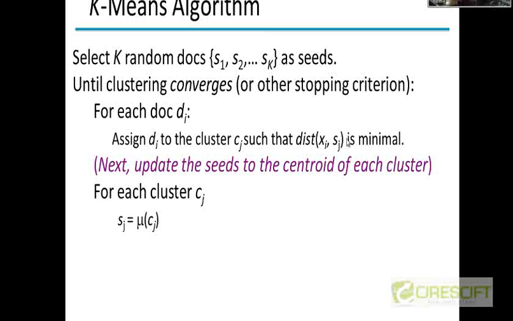Once we do this for all documents, again we'll compute the centroids of the k new clusters, and then go back and again compute for every document which is the closest centroid, and then we'll keep on iterating like this until the algorithm converges.